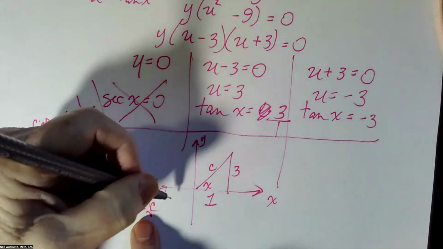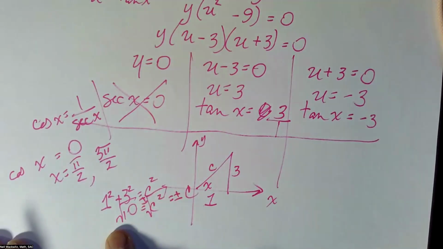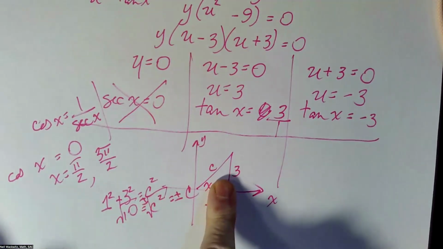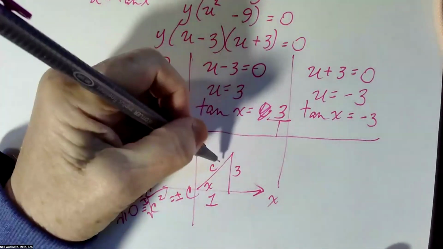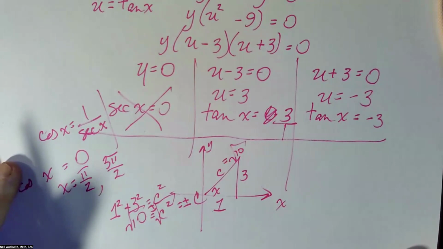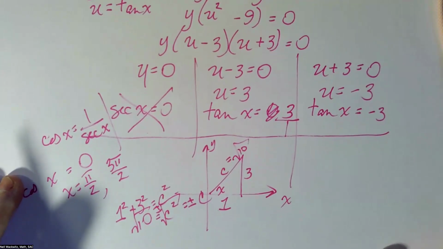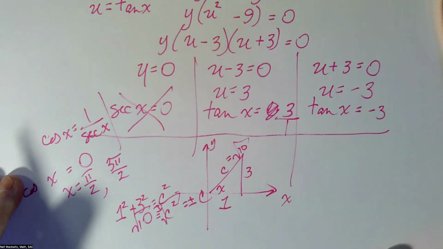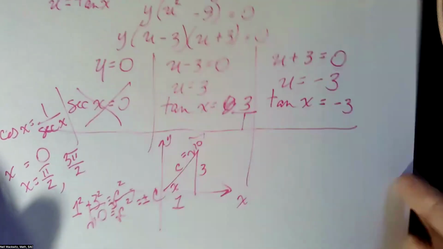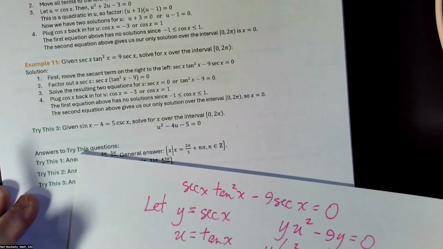So c is plus or minus the square root of 10. I know that c has to be positive. So here c is the square root of 10. Wait, I'm thinking slowly right now.